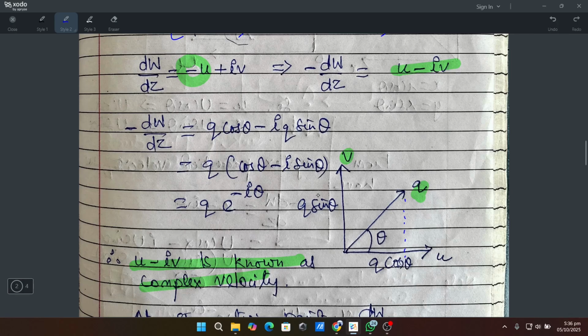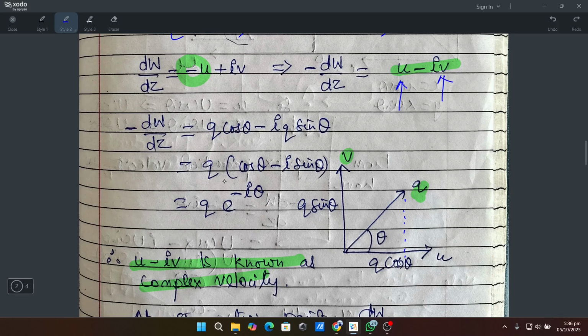This is basic geometry, and we also studied it in the vector chapter. So from here you get q cos theta minus i q sin theta. You have just replaced the values of u and v: u is q cos theta and v is q sin theta.